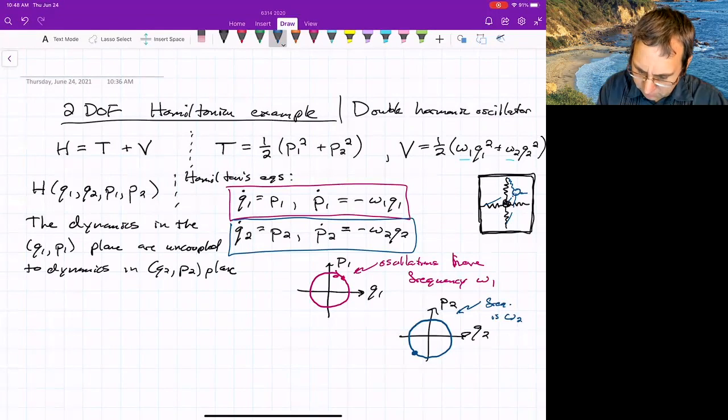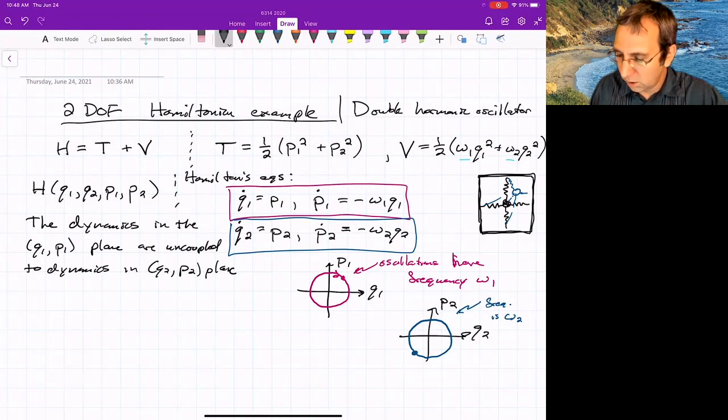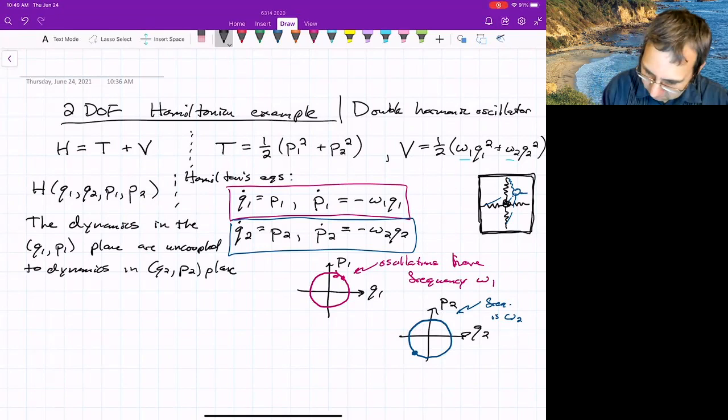And the terminology, I don't know if I've mentioned this terminology. We refer to the Qi Pi plane as the ith canonical plane. Maybe I'll put a little terminology note.